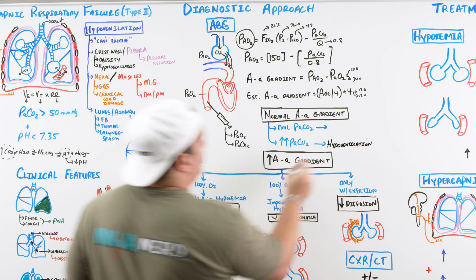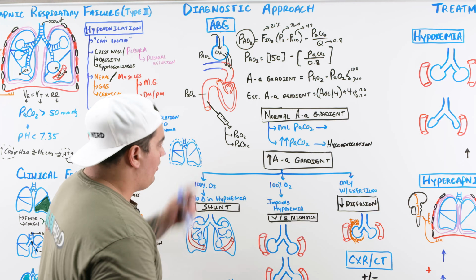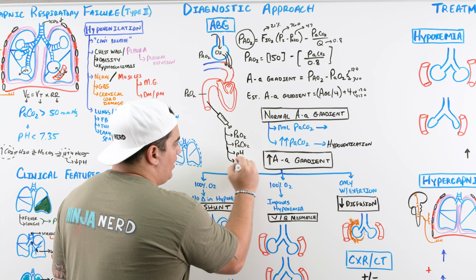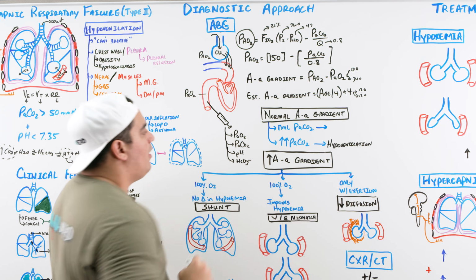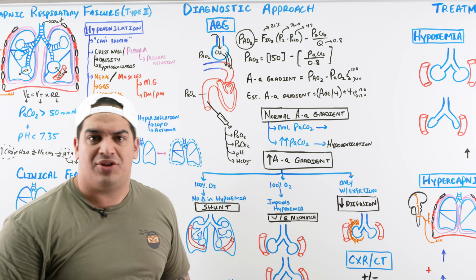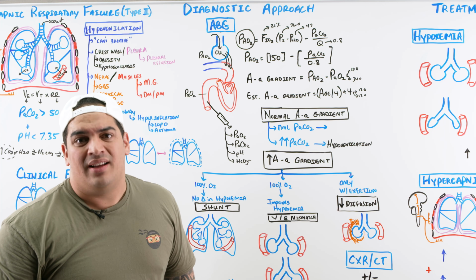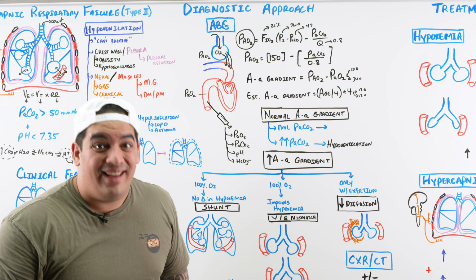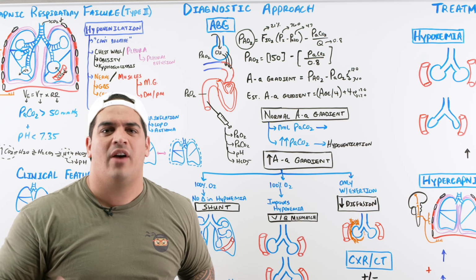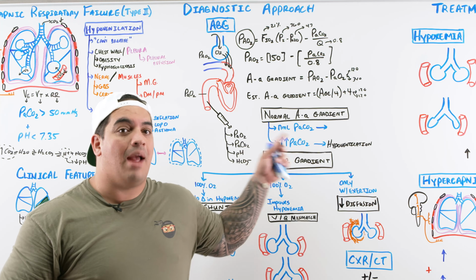If you get the patient's ABG, and from an ABG you get PaO2, PaCO2, pH, and you also get bicarb. From this, I can have an idea. If their PaCO2 is super high and their pH is low, then I have an idea that it's, again, what? More likely, it's hypoventilation. But again, the AA gradient will also give me some help, especially if there's associated hypoxemia.